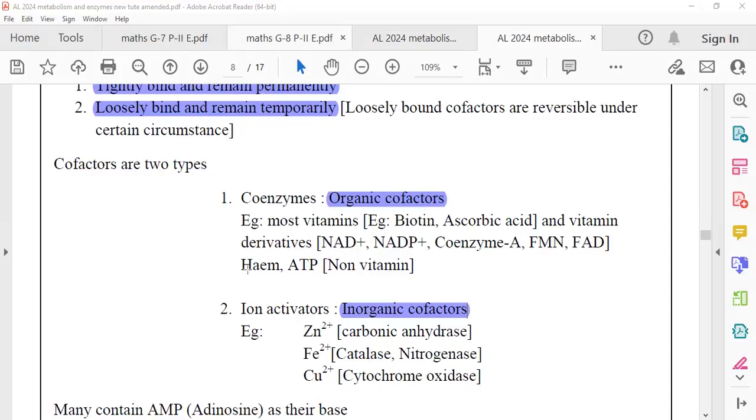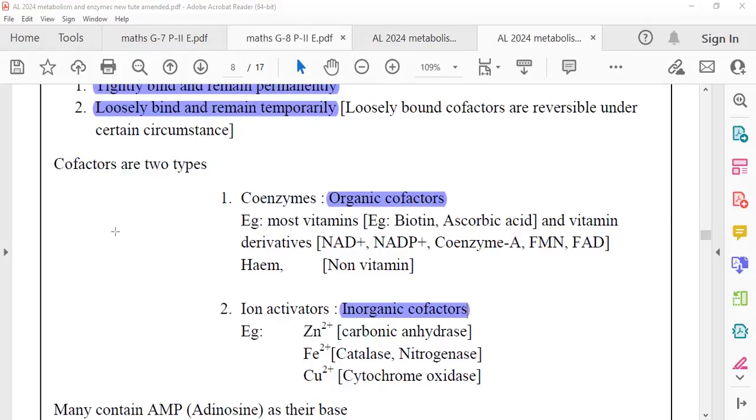Anyway, as I told you, ATP has been removed from the syllabus as a cofactor. ATP is not taken as a cofactor.